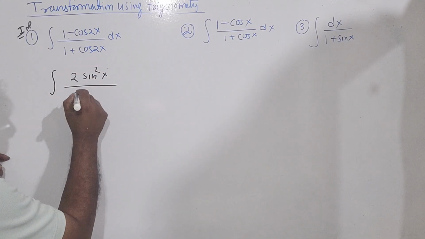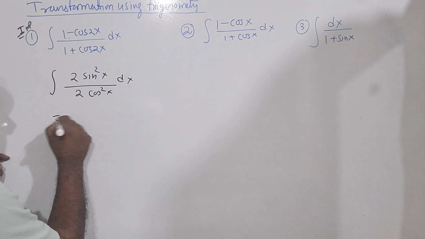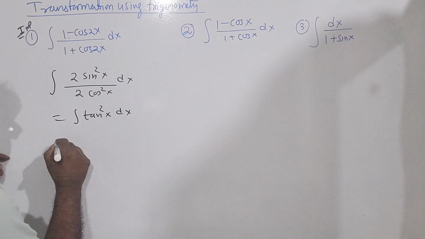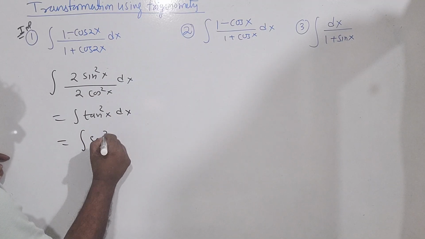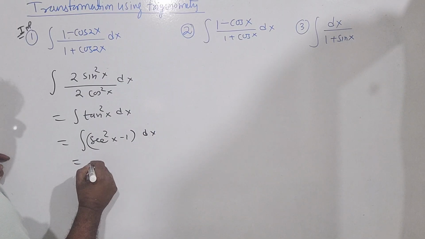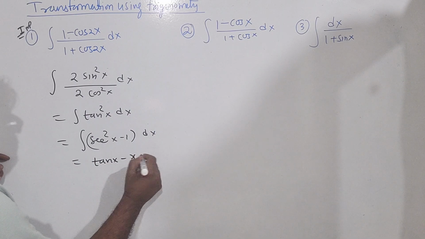And 1 plus cos 2x is 2 cos square x, dx. So this is tan square x dx. Simple. So this is converted into (sec square x minus 1) dx. The integration of sec square x is tan x and the integration of minus 1 is minus x, and of course plus c.